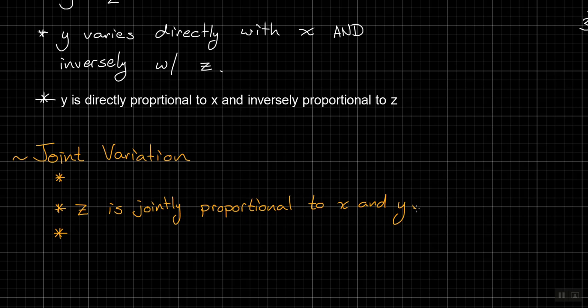As we look at these, the language that I'm most concerned about is if you can physically read the difference and spot the difference between direct, inverse, and joint, you're going to be okay with this stuff as long as you have these models locked in or accessible.